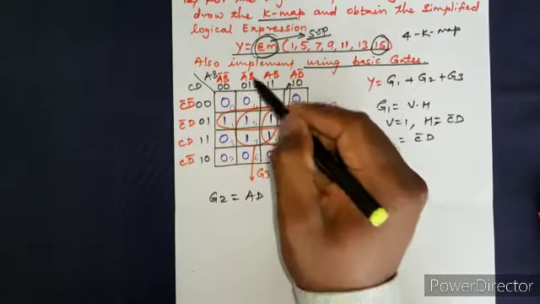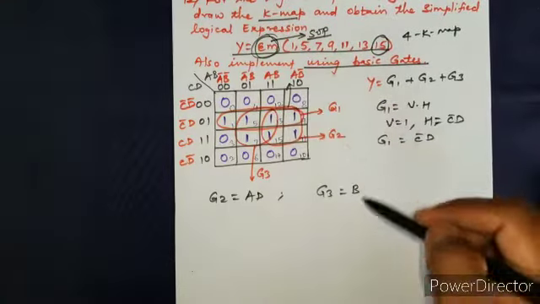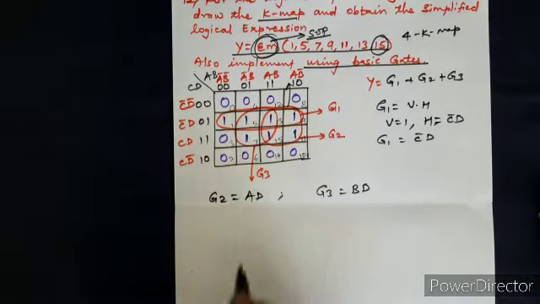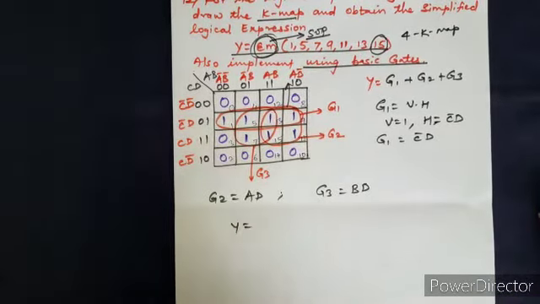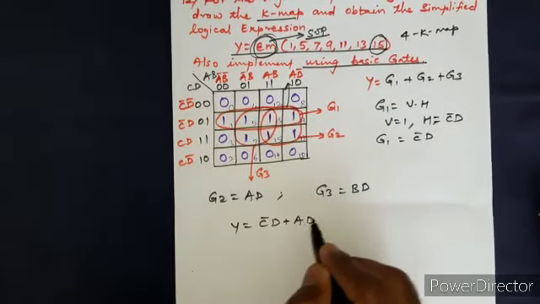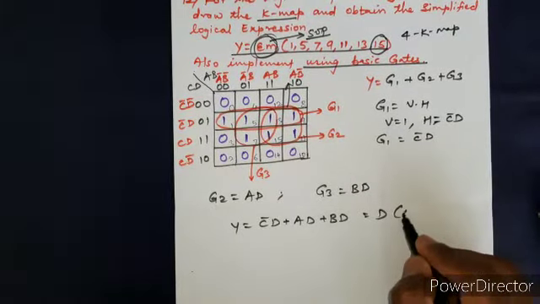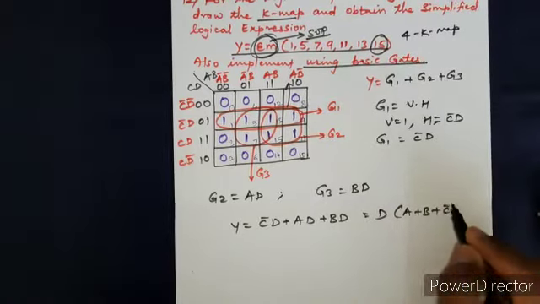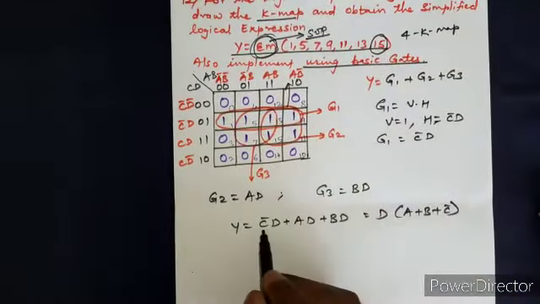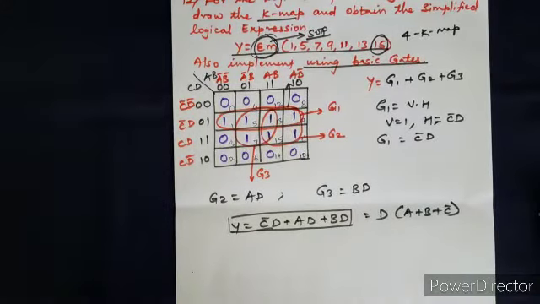Because this group is associated vertically with A bar B and AB, out of which B is constant, and here again D is constant. So my final equation, Y equals C bar D plus AD plus BD. Taking D common, I can say D times A plus B plus C bar. But since it is SOP form, we can consider the earlier one as the final equation.